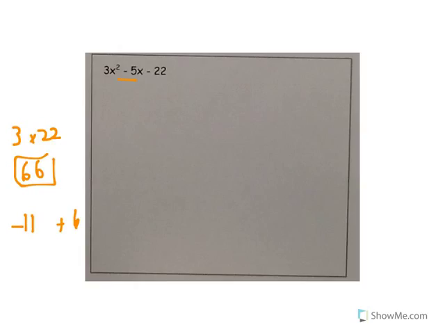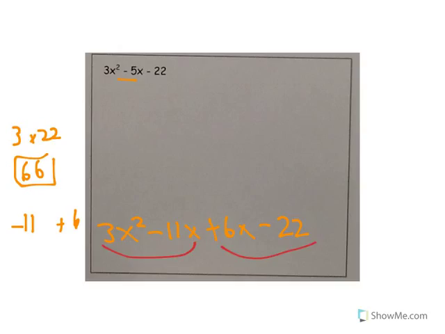So then what I do is I go ahead and rewrite it: 3x squared minus 11x plus 6x minus 22. So now I'm going to go ahead and factor these, where I'm doing this here and then there.